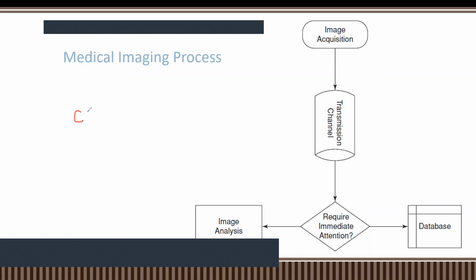CT scan is the equipment, and X-ray, which is readily available to the emergency units in the hospital. So in the hospital, when a person is brought to the emergency, these units are available from the radiology side.